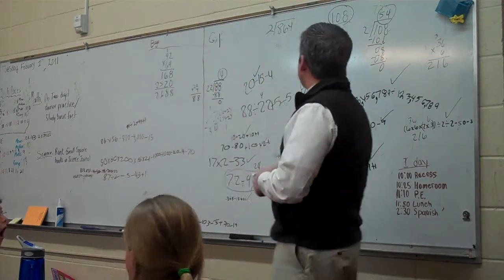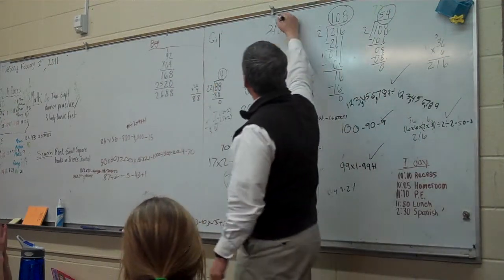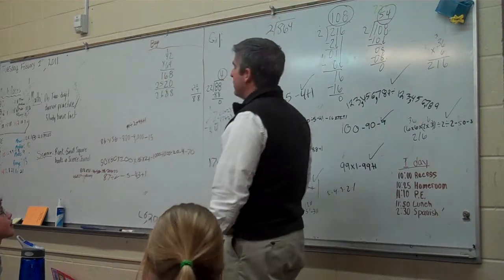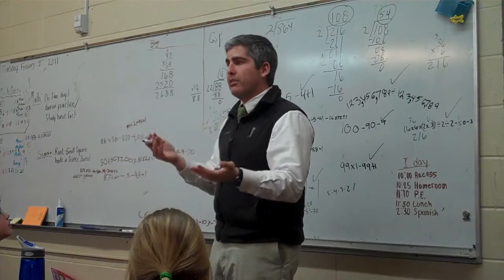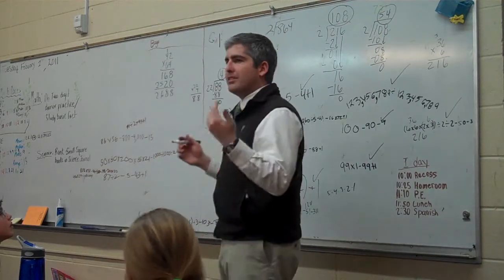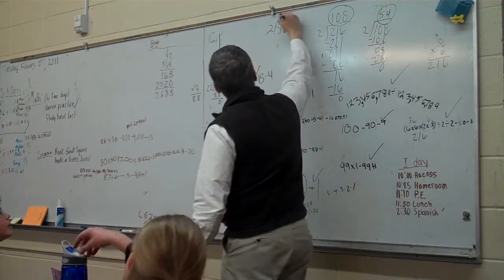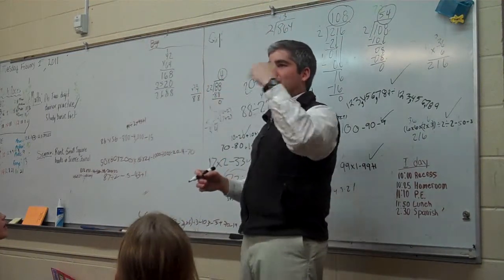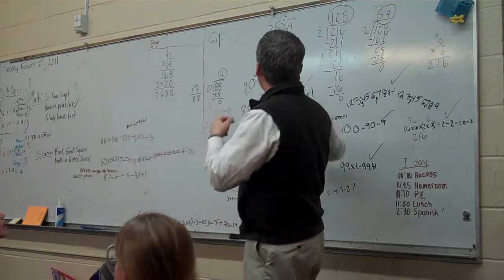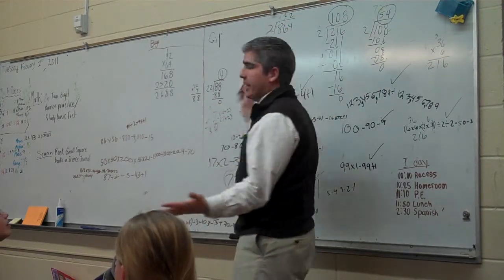Stephen. Because you know 2 goes in 8 how many times? 4. And if you do 4 times 2 equals 8, you subtract to get 0. Then you bring down the 6. 2 goes into 6 how many times? 3. Same thing. You do 2 times 3, 6. You subtract 6, you get 0. Bring down the 4. 2 goes into 4 how many times? Twice. And you're done.